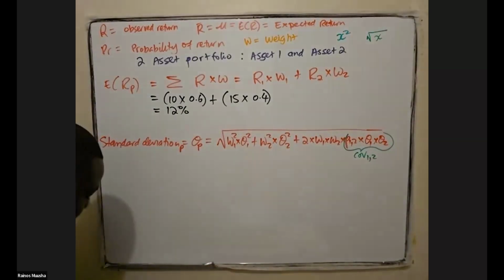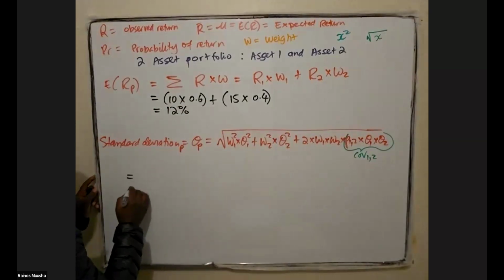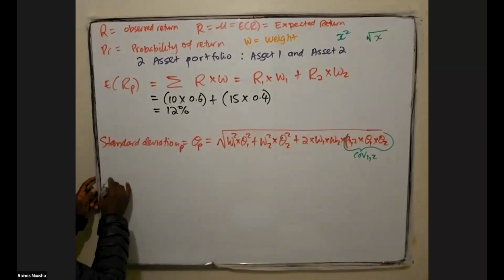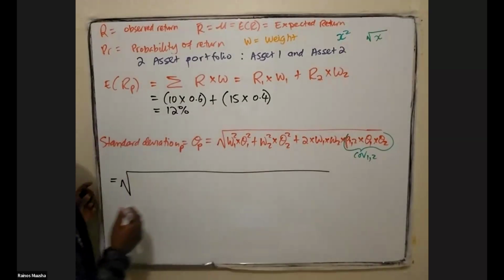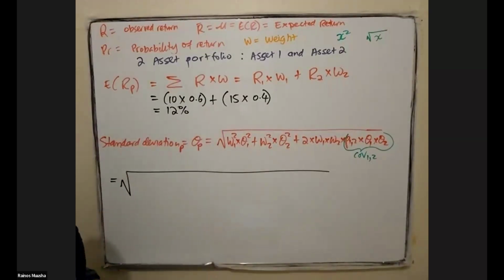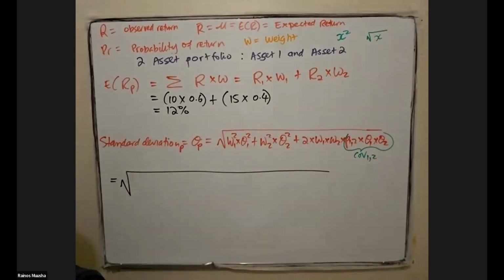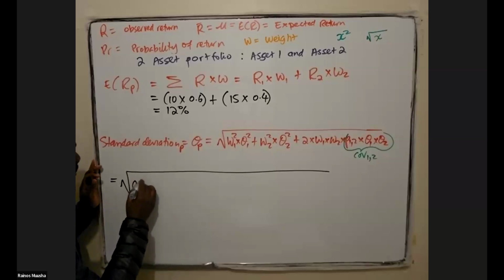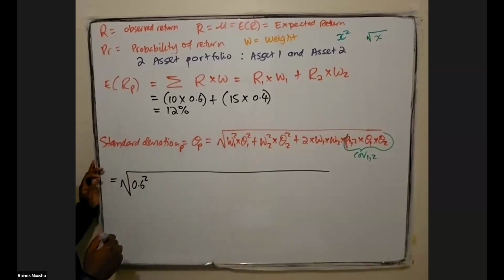So which means looking at this, it's going to be equal to the square root of, remember, in our asset allocation, we said that we're going to allocate 60% to asset 1 and 40% to asset 2. So it's going to be 0.6 squared, because that's the weight of asset 1, isn't it?